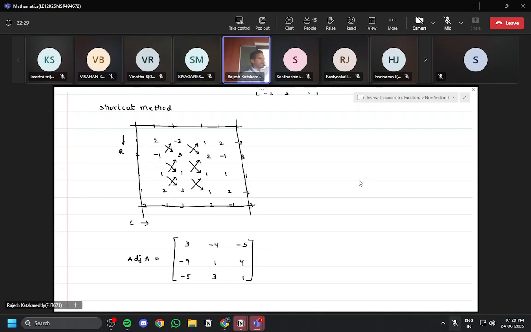Take 2 at a time, find the determinant and write the adjoint. Am I clear? First, if I give the names, this is row 1 and row 2 you consider. And then for row 1 elements, row 2 and row 3 in this way, and 4 as well. Any doubts in this? Anybody? Any doubts in this? This is how we will find the adjoint in shortcut.